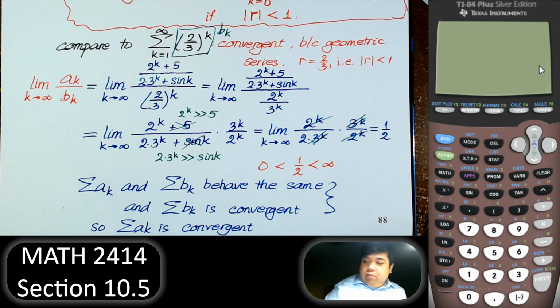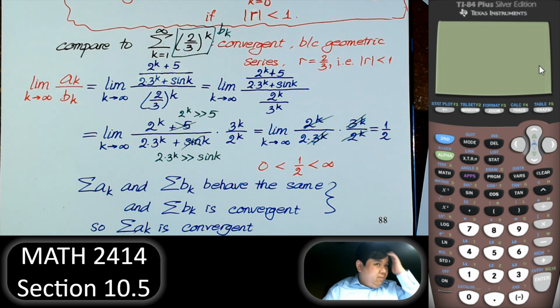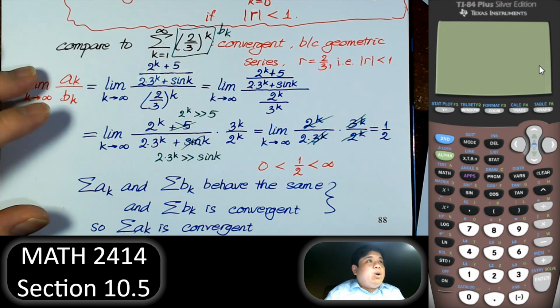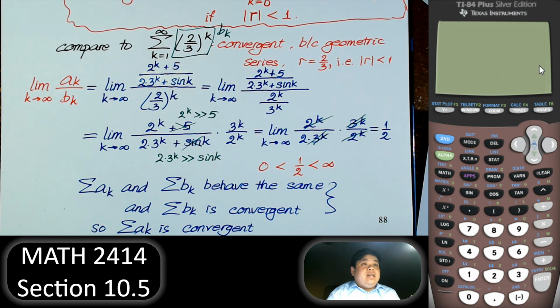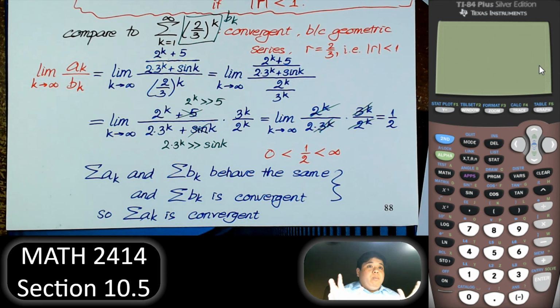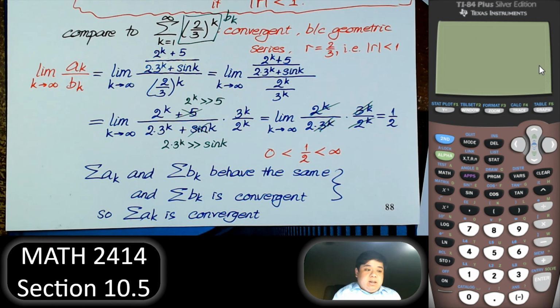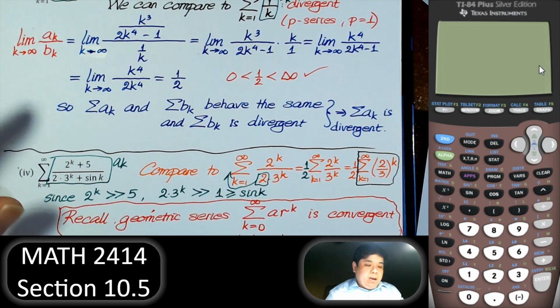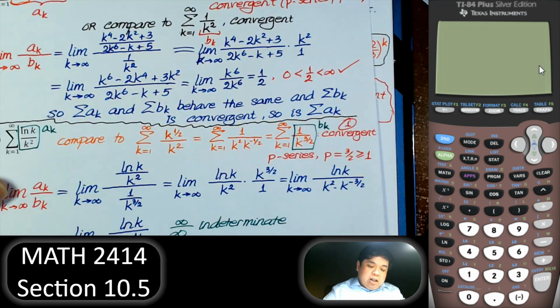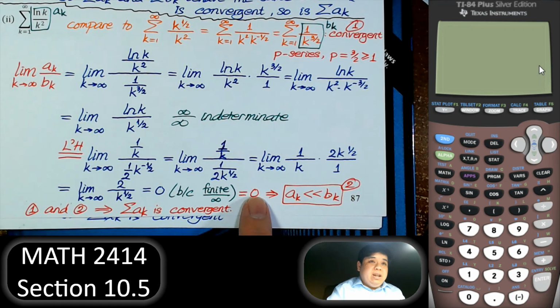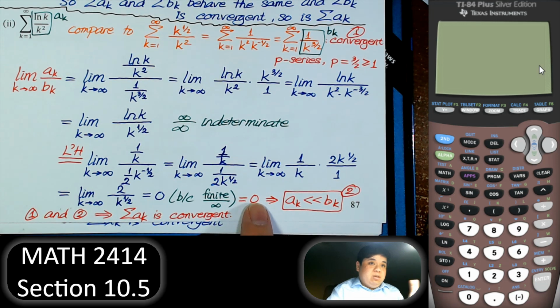Right, so that is the limit comparison test. I said sometimes it's difficult to determine which one is greater than the other, but we can take the limit to compare the rates. If they have comparable rates, then both converge or both diverge. Or sometimes the limit could be 0, could be infinity, depending on the scenario.